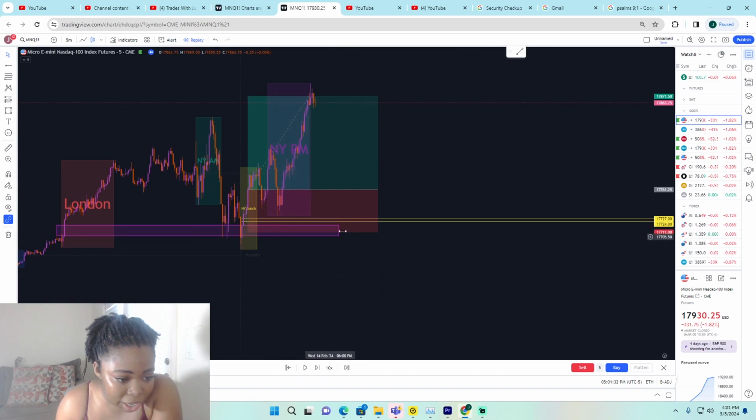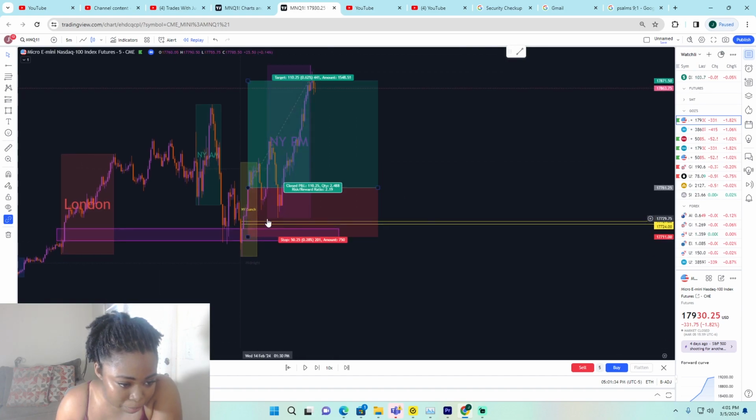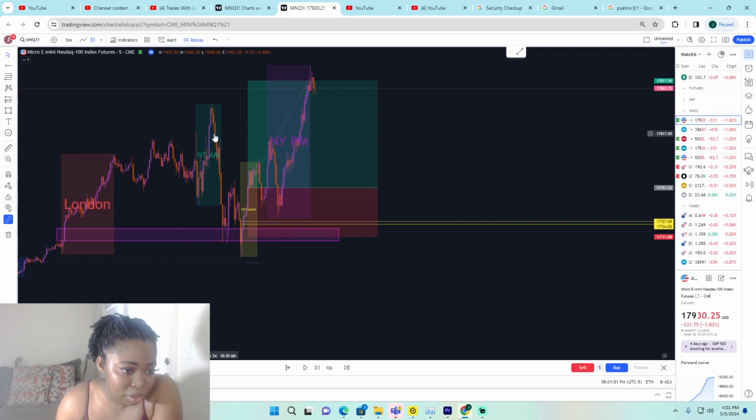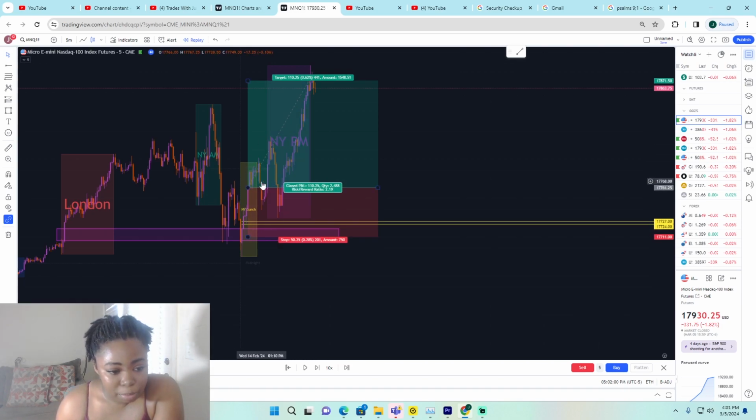And then I noticed as price was pushing back up, once it tapped into this level right here, it left another fair value gap, and price did come back down and it wicked into this area, which is another confirmation for me to get in on this entry. And then as well, you have all of these fair value gaps in these areas and these highs where price could go back and mitigate. And so those were all just confirmations for me to take this trade.